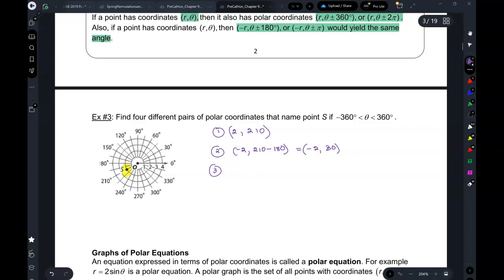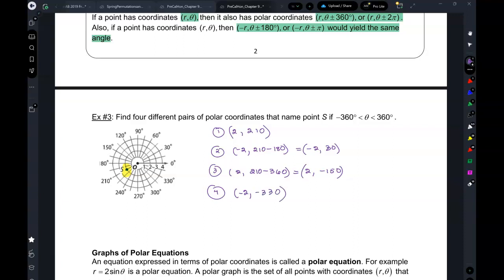Okay, hang on. Let me do the other one first. We can do 210 minus 360. And then we can do negative 2 and negative 330, right? Okay.